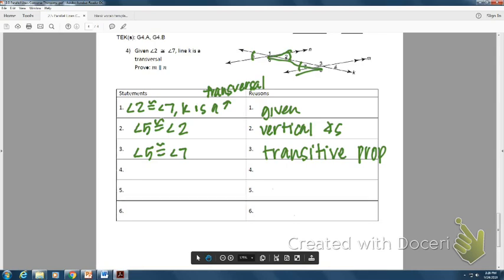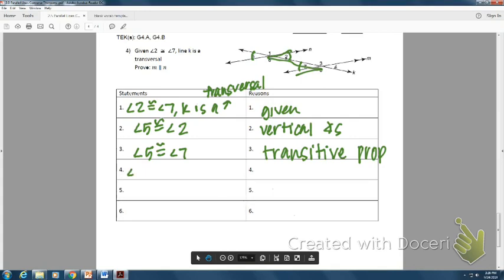Okay, so I was going to see how far you guys would keep going, which is fine. After you got 5 and 7 congruent, which is the transitive property, then you could have said 2 and 7 are corresponding angles, in corresponding position, because they are congruent. And then you would have used the corresponding angles converse postulate, which is fine as well. I'm just going to continue working this in case you want another example.